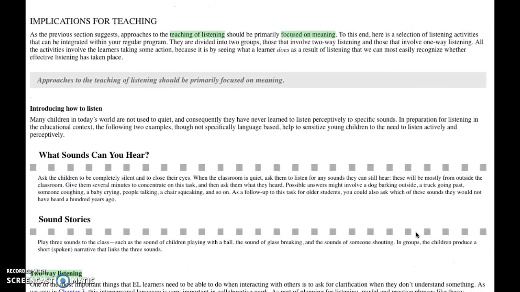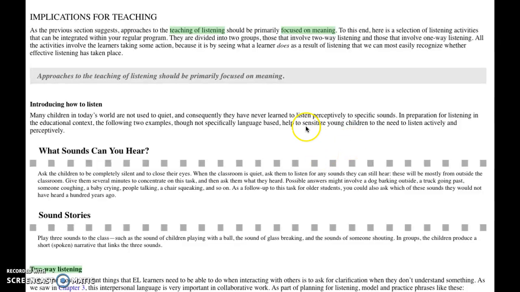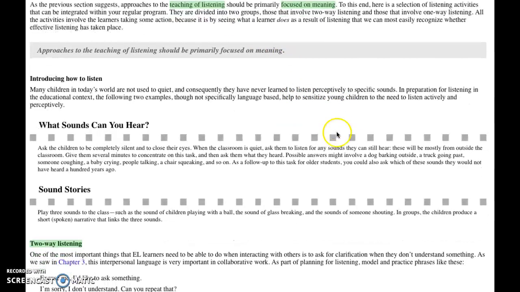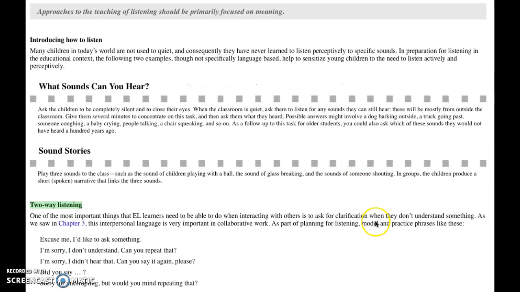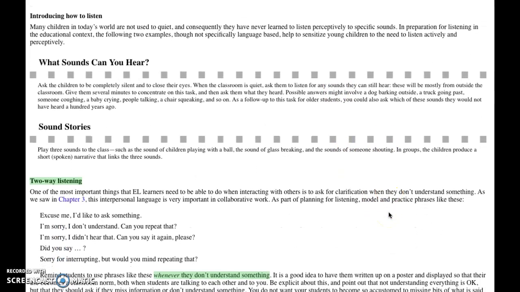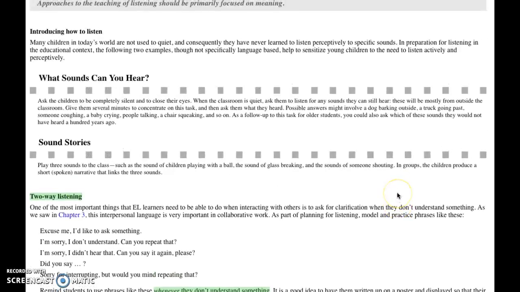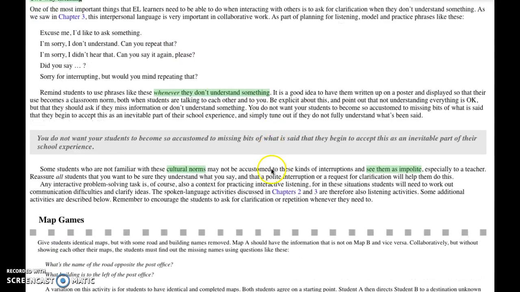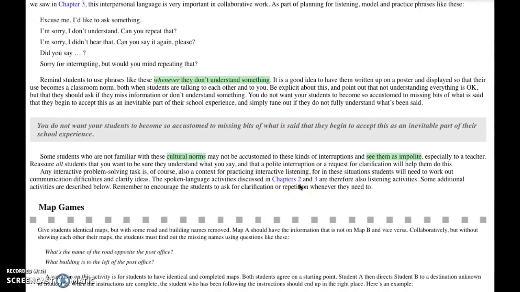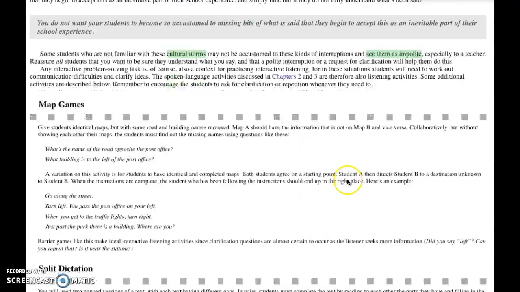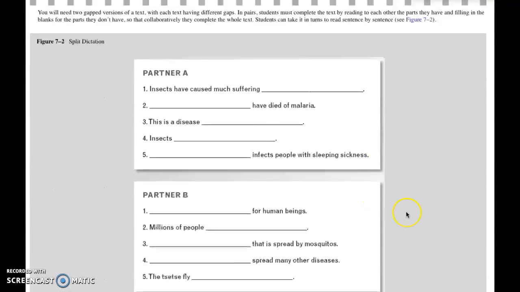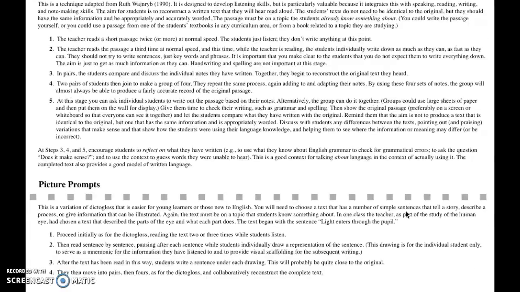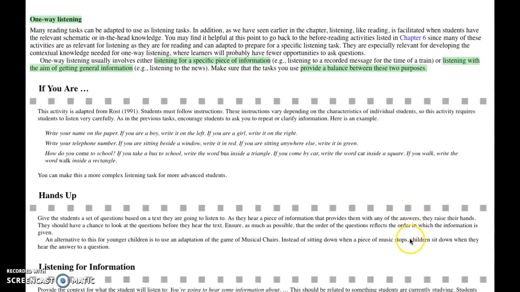So, implications for teaching: it is important to make sure that our teaching of listening is primarily focused on meaning. The remainder of the chapter breaks down various activities, in 2 different sections: two-way listening activities, and there are also one-way listening activities.